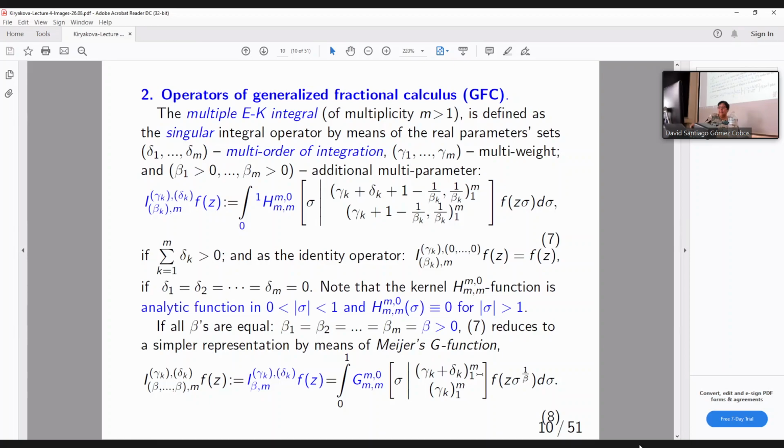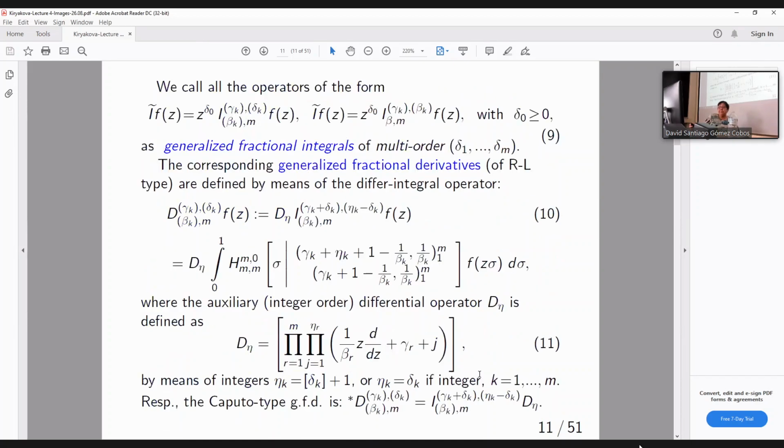The integrals here are from 0 to 1. And in the simpler case, when all beta parameters are equal, this is represented by the G function, a little bit simpler operators.